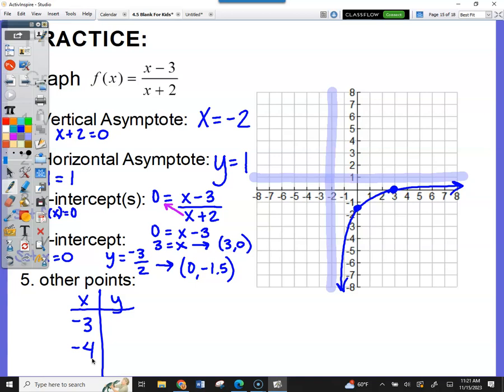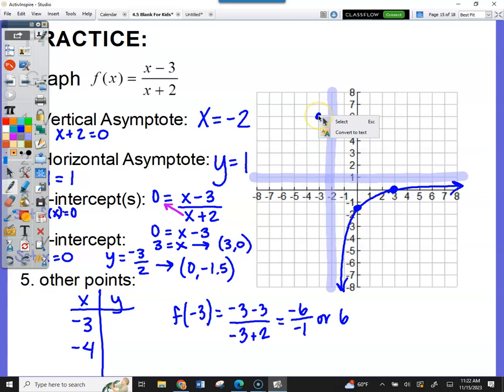Go to the function, and then plug -3 in. We got -3 plus 2. Now clean it up. So that's -6 over -1, which is 6. So go left 3, up 6.